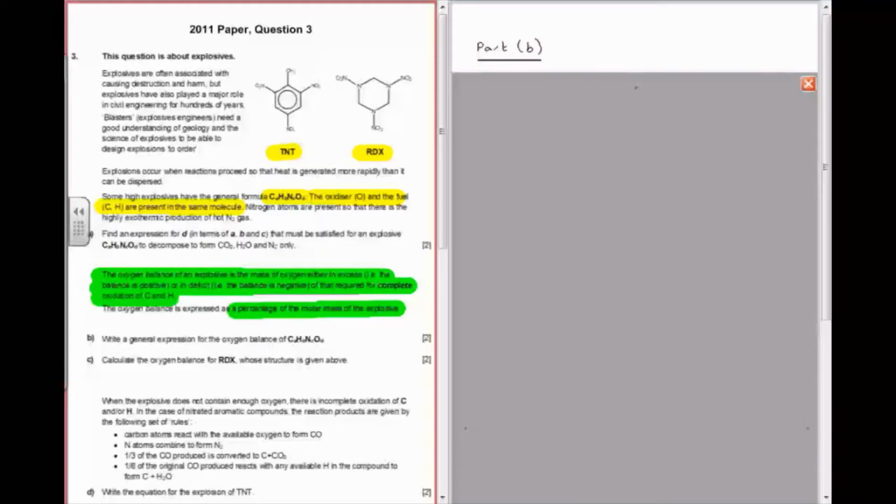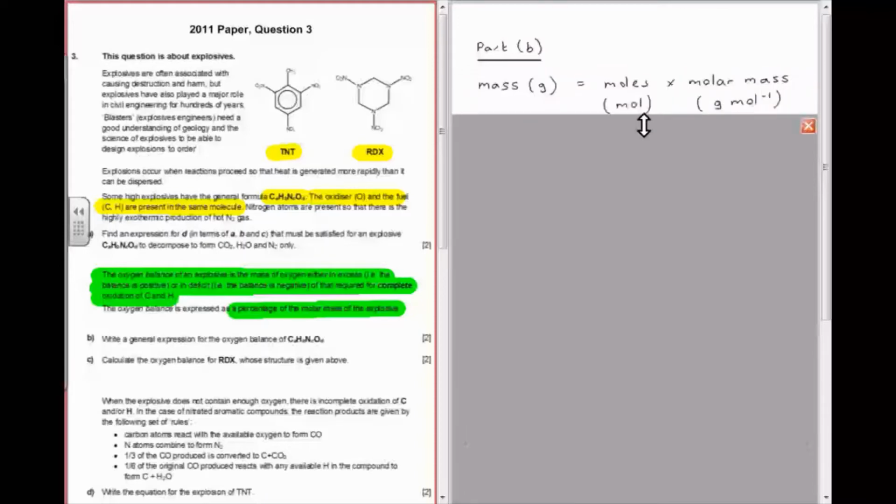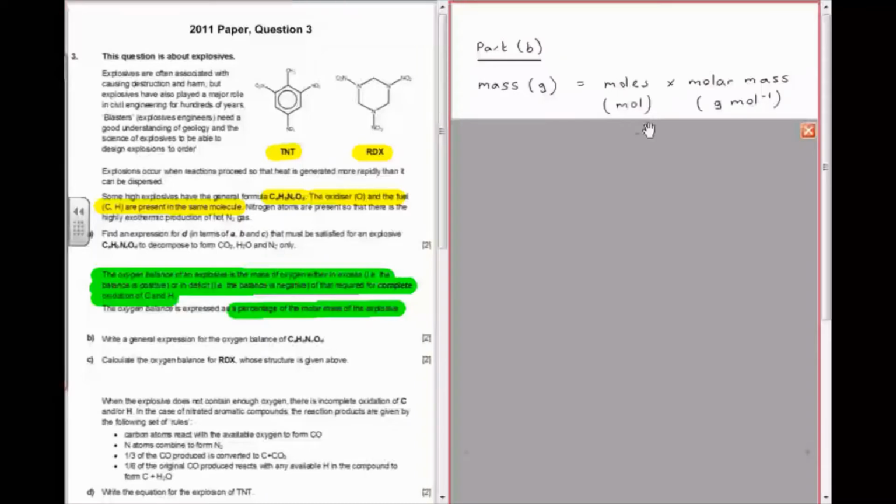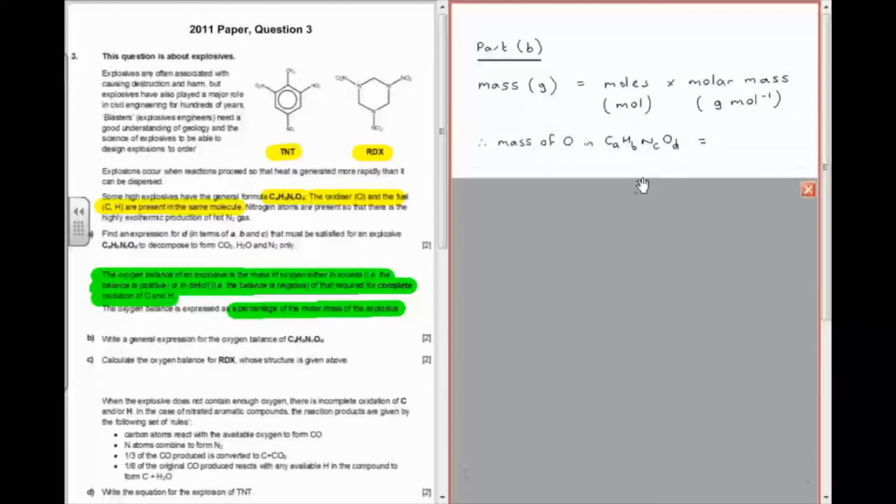CaHbNcOd. Remembering that the mass of a substance in grams is given by the number of moles of that substance times by its molar mass in grams per mole, we can initially calculate the mass of oxygen in our explosive CaHbNcOd using that equation. The number of moles of oxygen can be represented by D, and the molar mass of oxygen is 16 grams per mole, and so we can say that the mass of oxygen in our explosive can be represented by 16D.